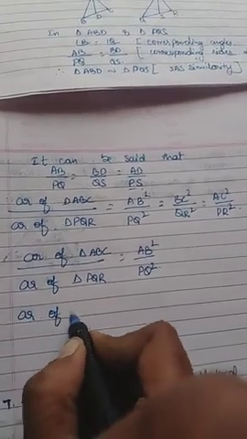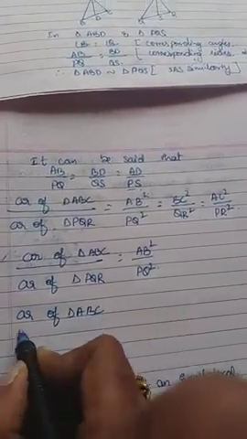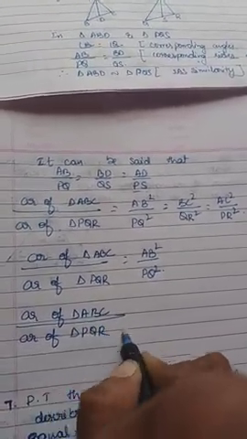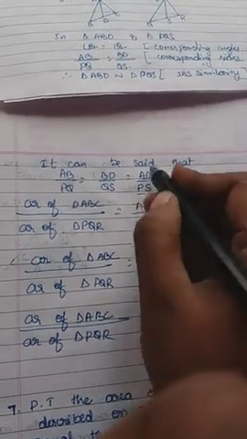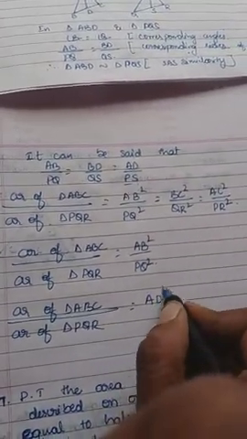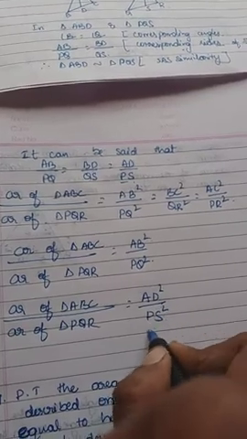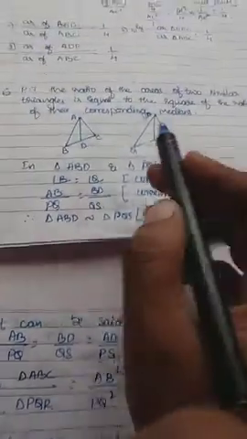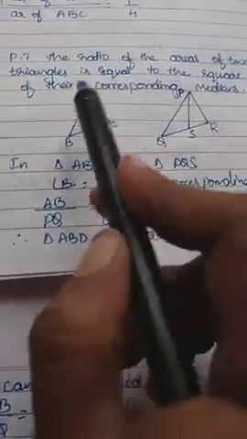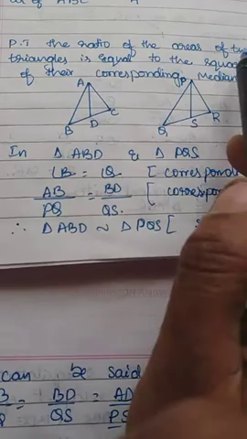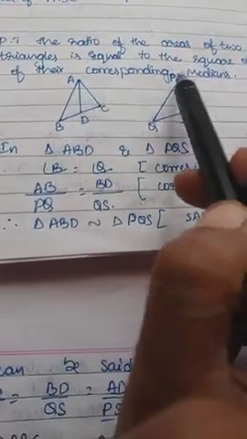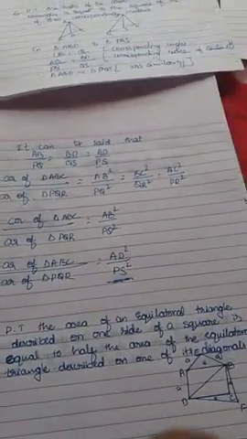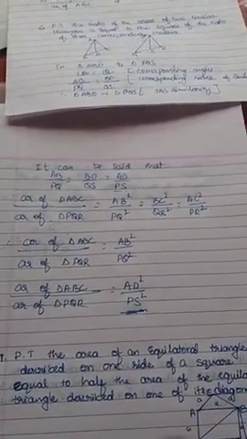So the area of triangle ABC divided by the area of triangle PQR equals AD square divided by PS square. Hence it is proved. That is what they are asking: the ratio of the areas of the triangles is equal to the square of the ratio of their corresponding medians. AD square over PS square. Hope you will understand. Keep watching. Thank you all.